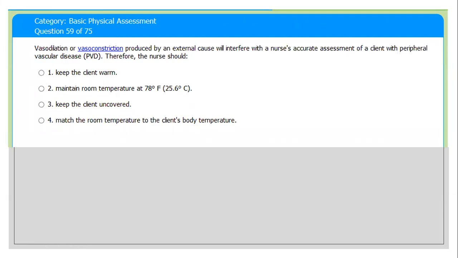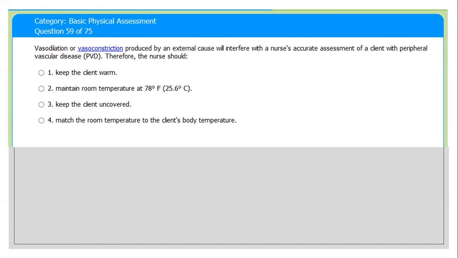So the examiner is asking this question about peripheral vascular disease. Peripheral vascular disease refers to disease of the blood vessels, like arteries or veins, that are located outside the heart and brain.